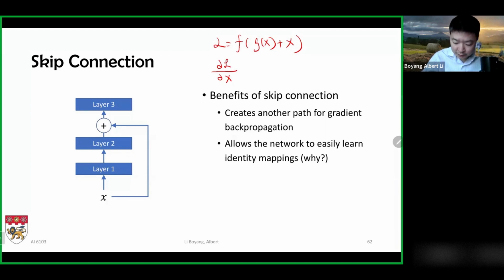But just to show you how the gradient is computed with respect to x, by the chain rule of calculus, this is equal to first differentiating against f, then multiplying by the differentiation of f against g(x) plus x. We could call that z.